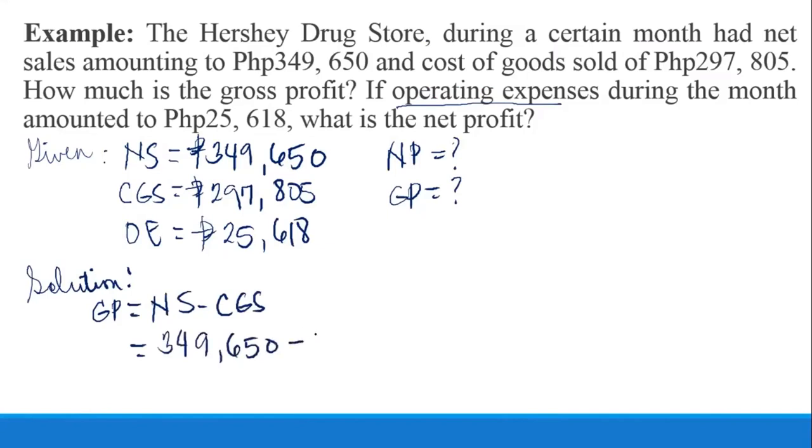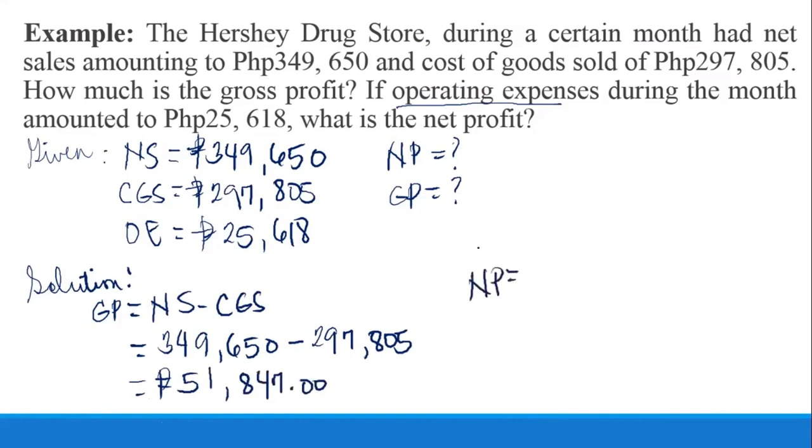Cost of goods sold is 297,805 pesos. So the gross profit is 51,847 pesos.